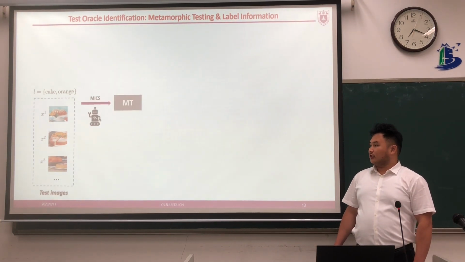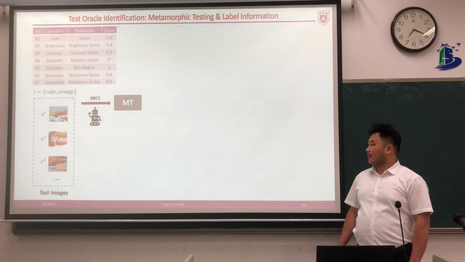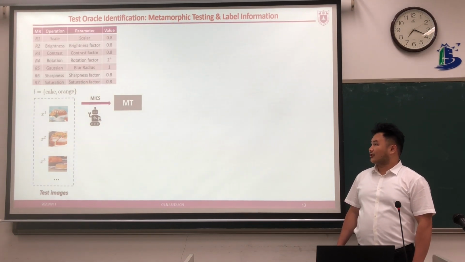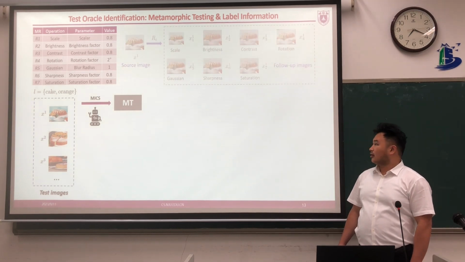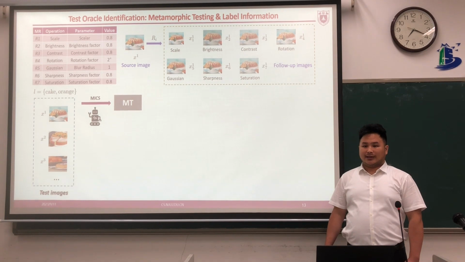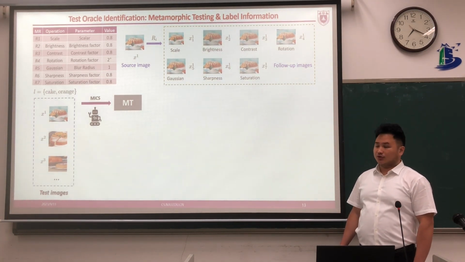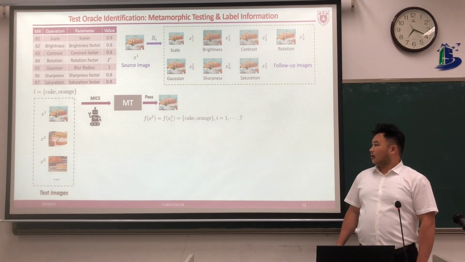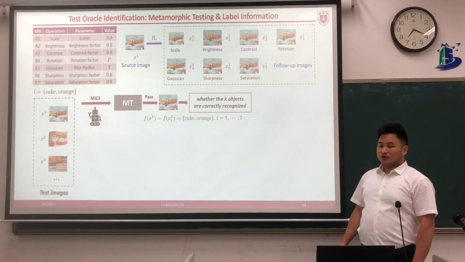Once test images corresponding to a specific label combination are determined, we input them into MSS and conduct metamorphic testing. Here, we select 7 homogeneous metamorphic relations. The outputs of MSS are supposed to keep unchanged when small perturbations are introduced. If the image passes the MRs, then we check whether the key labels are recognized.